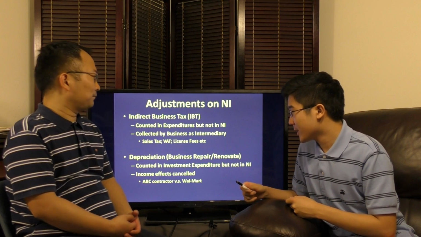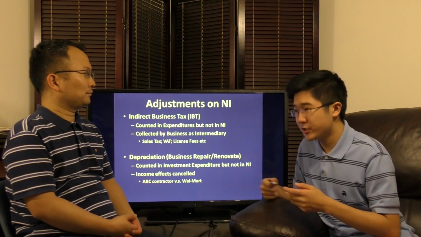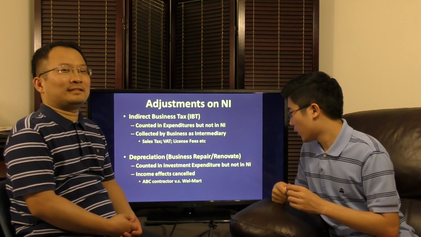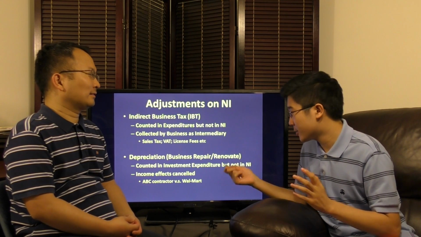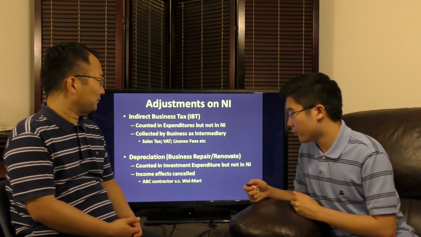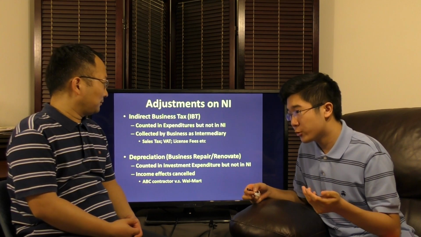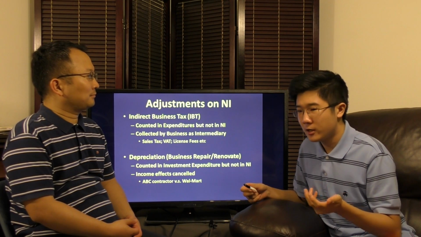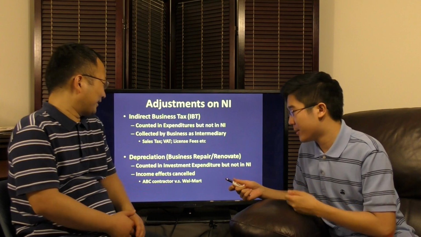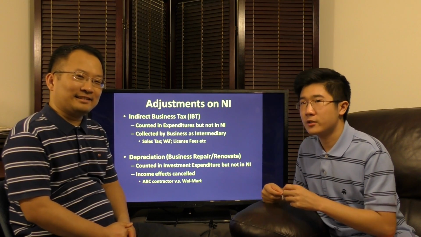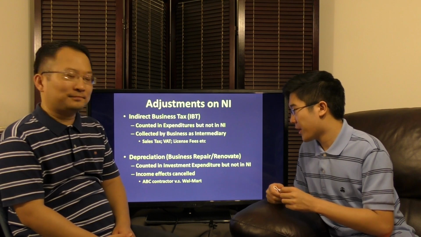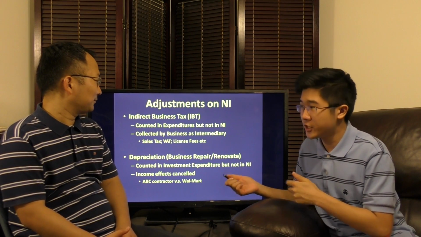Secondly, we have depreciation costs that are technically part of our investment expenditures, but are not counted in national income, even though investment is part of our GDP. For instance, if one of Walmart's warehouses is deteriorating, and they hire a contractor, like ABC Contractor, to renovate the warehouse, that's technically part of our GDP.